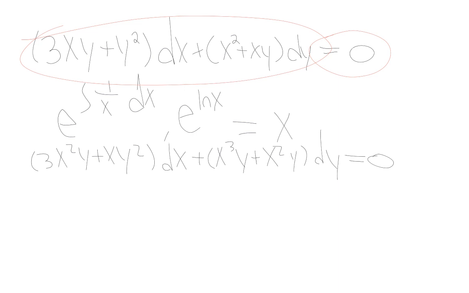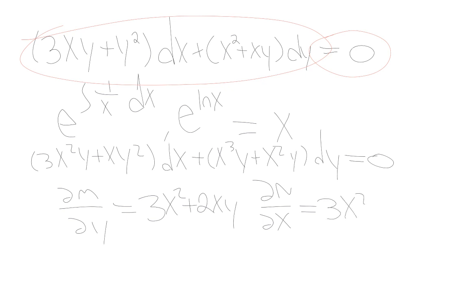And let's see if it is. So partial M with respect to y is 3x squared plus 2xy. And partial N with respect to x is 3x squared plus 2xy. So this differential equation is exact.